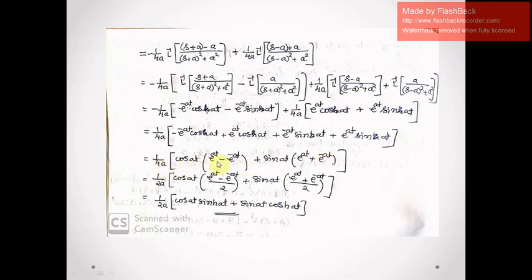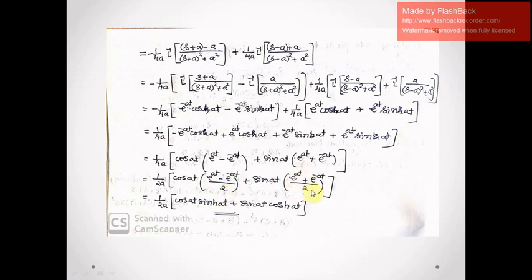And then from this fraction outside, I will take 2 inside, 1 by 2 inside. So this is 1 by 2a. This is the exponential formula for sinh at. Sinh at is equal to e power at minus e power minus at by 2.